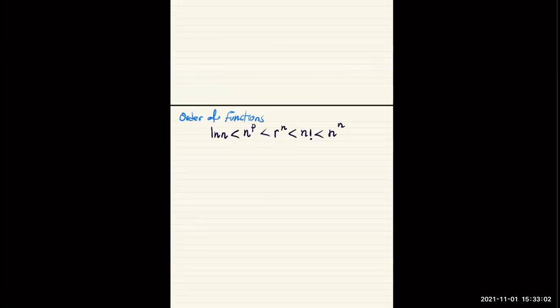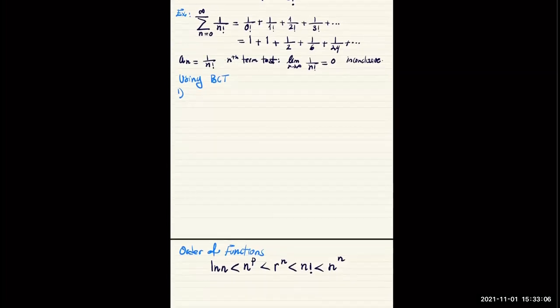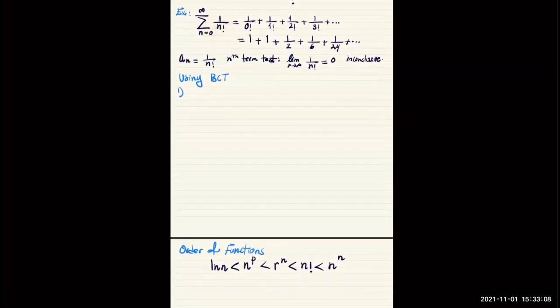So if you think about it again, this n factorial is more powerful than any power function. And when you reciprocate that, 1 over n factorial is going to decline faster than any convergent p-series.